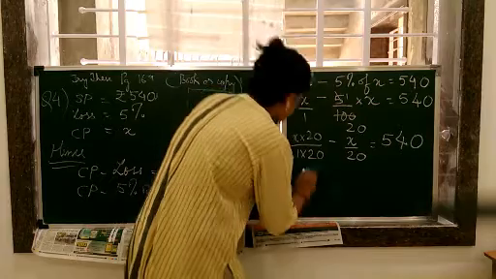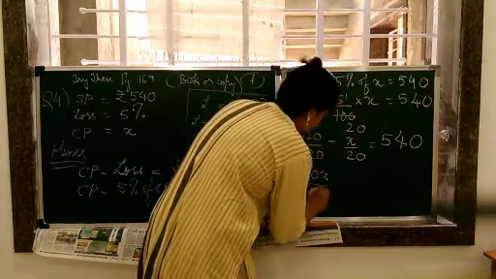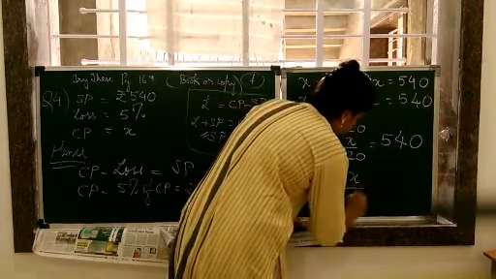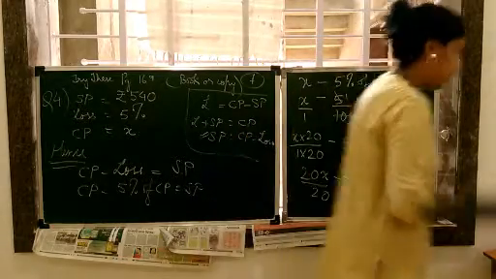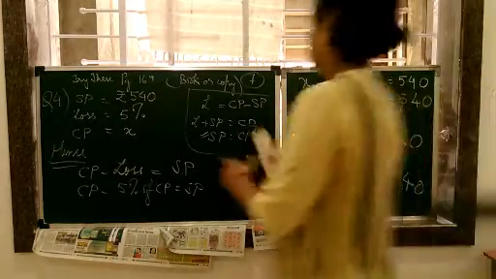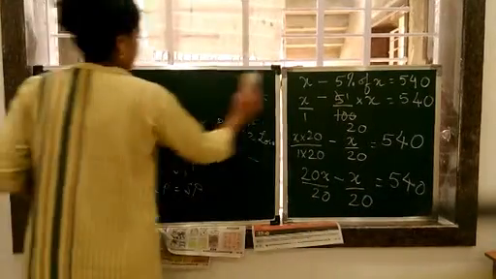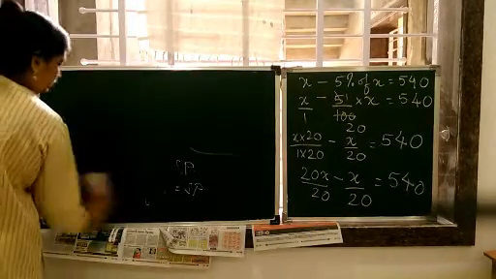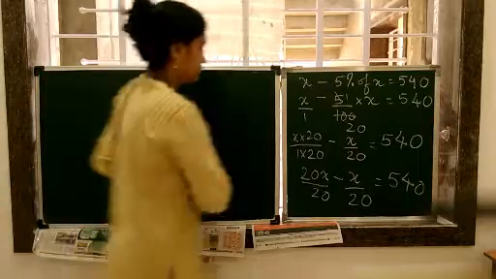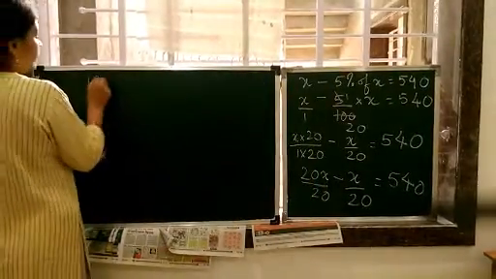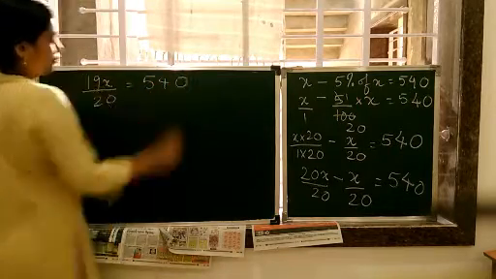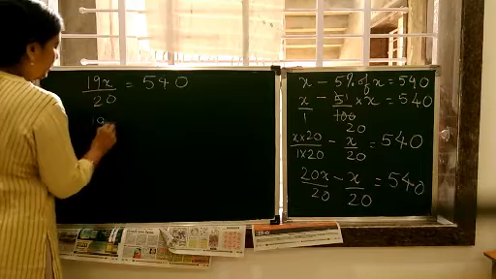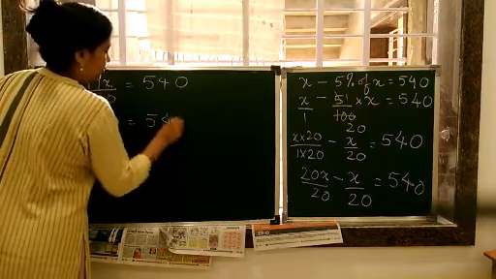Now 20X by 20 minus X by 20 is equal to 540. This 20 will shift here. 19X is equal to 540.